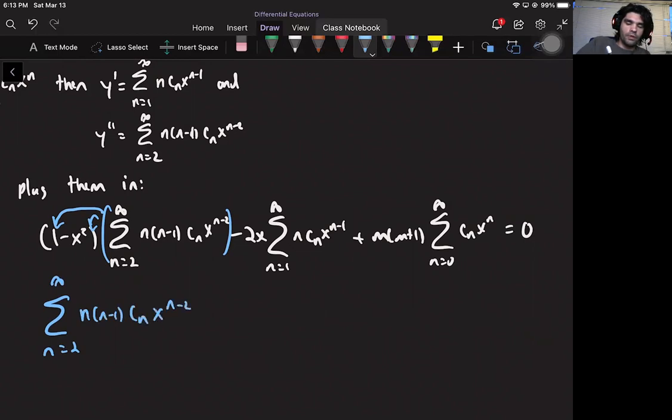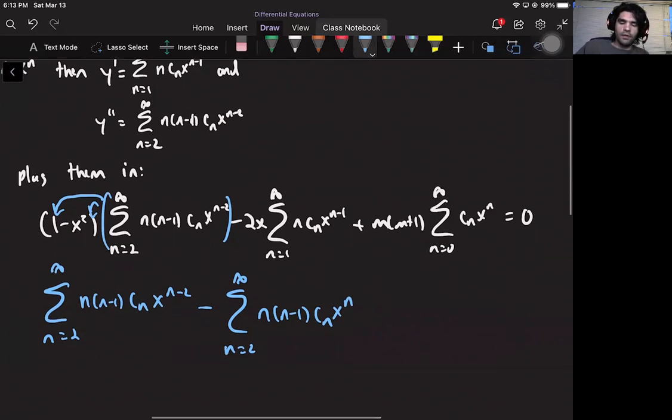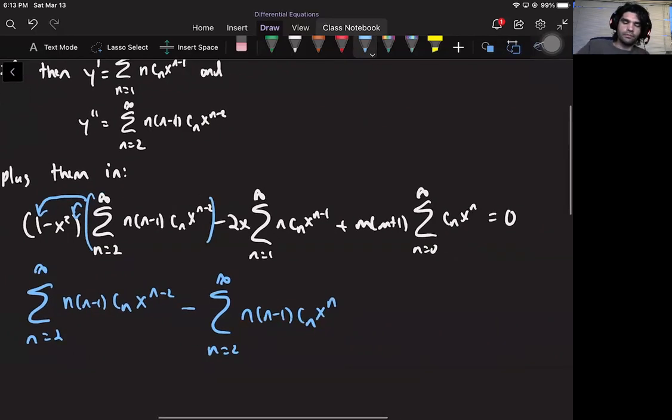But then when I distribute it to the minus x squared, I'm going to get a minus, and I'm going to bring that x squared in. And then I'm going to combine x squared with x to the n minus 2 just to get x to the n, because it's x to the n minus 2 plus another 2 x's, cancels that minus 2 out, and there you go. Then I'll pull this in here.